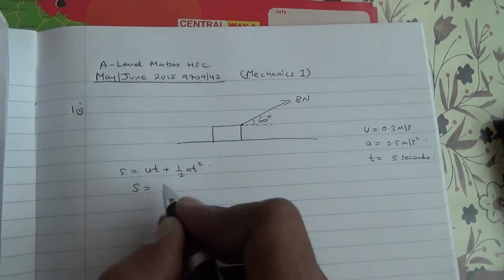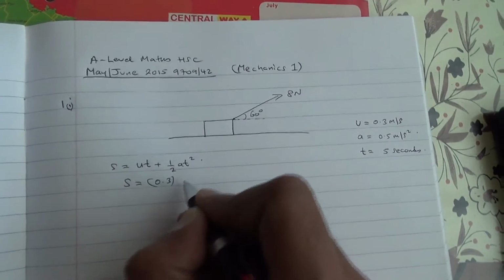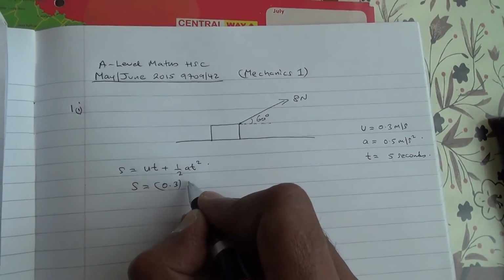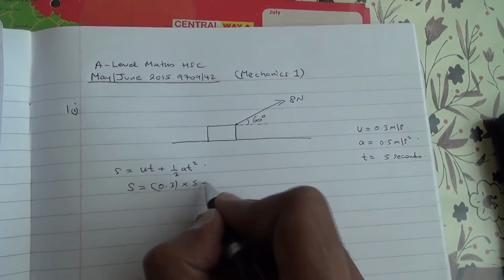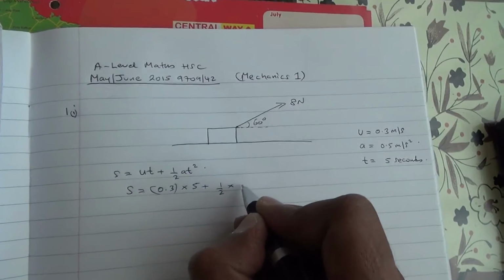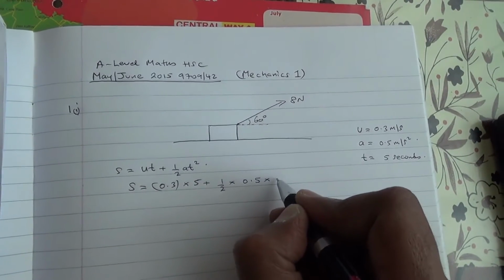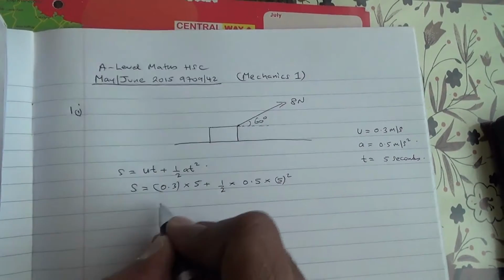Therefore, the distance moved is going to be u, which is the initial speed, 0.3, multiplied by the time, 5 seconds, plus half times the acceleration, which is 0.5, multiplied by the time squared, 5 seconds squared.